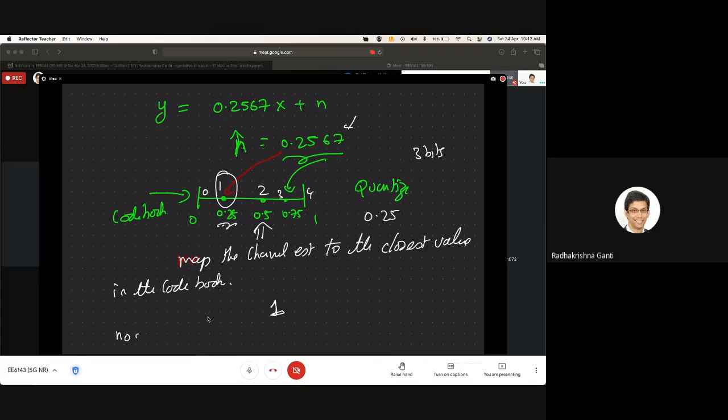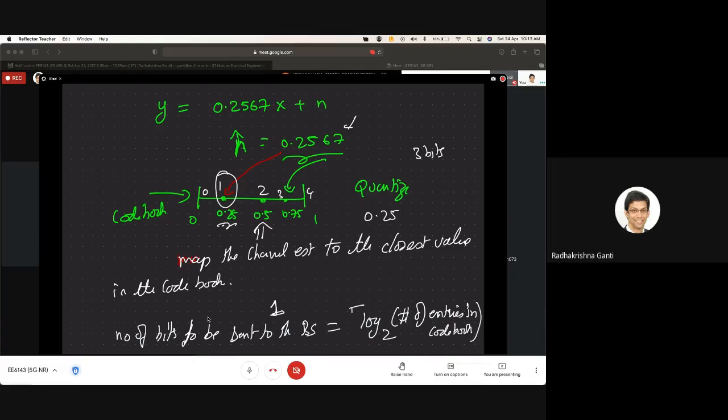The number of bits to be sent to the base station is equal to the logarithm base 2 of the number of entries in the code book, at least the ceiling of this. If you have 8 entries, you send 3 bits. If you have 16 entries, you send 4 bits. As the number of bits increases, the accuracy of your channel estimate at the base station becomes better.